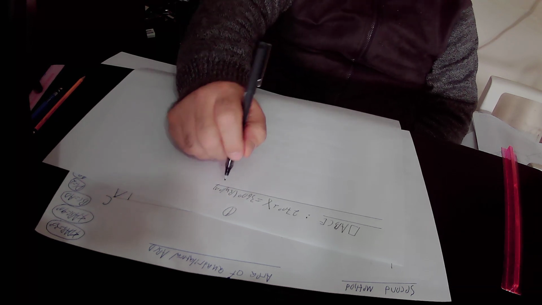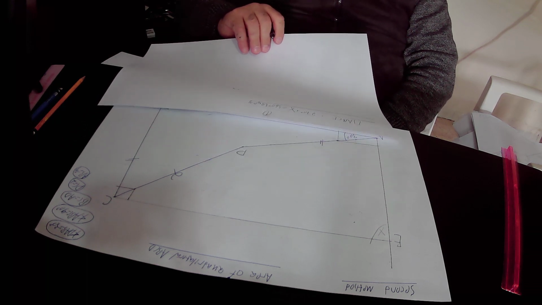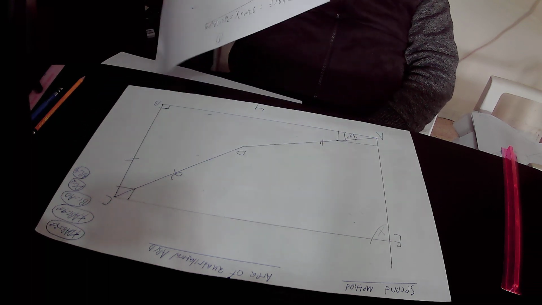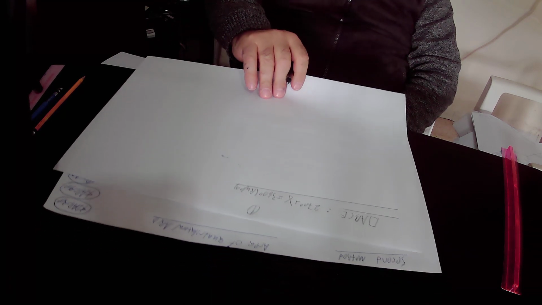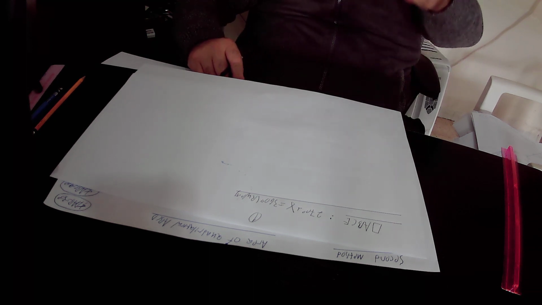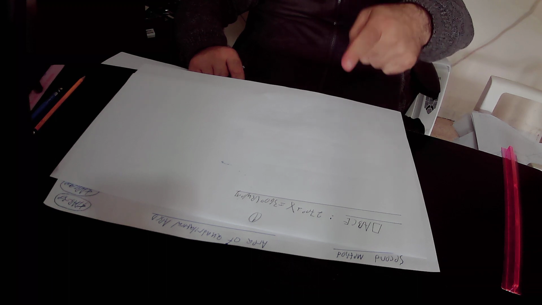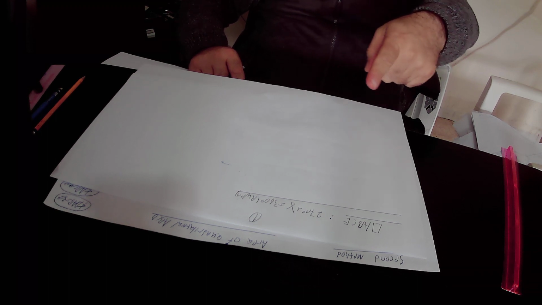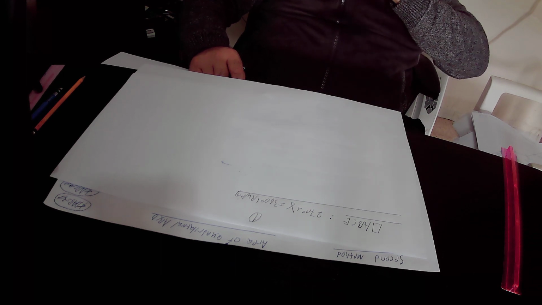I'll repeat again. In quadrilateral ABCE, the sum of the angles must be equal to 360 degrees according to rule number 1. That is to say, it has 3 angles that equal 90 degrees. Therefore, the sum of those 3 angles is 270 degrees plus the size of the fourth angle, angle X, must be equal to 360 degrees according to rule number 1.